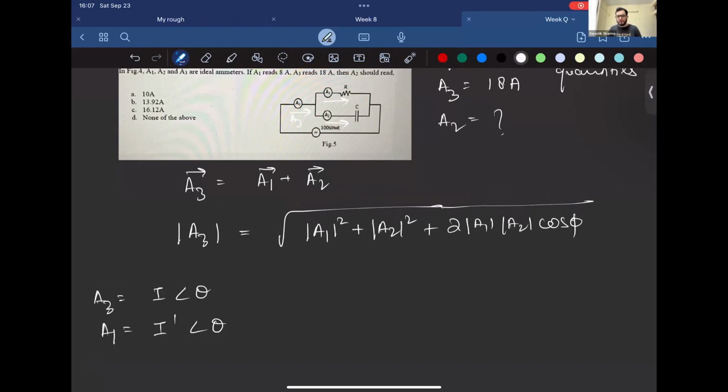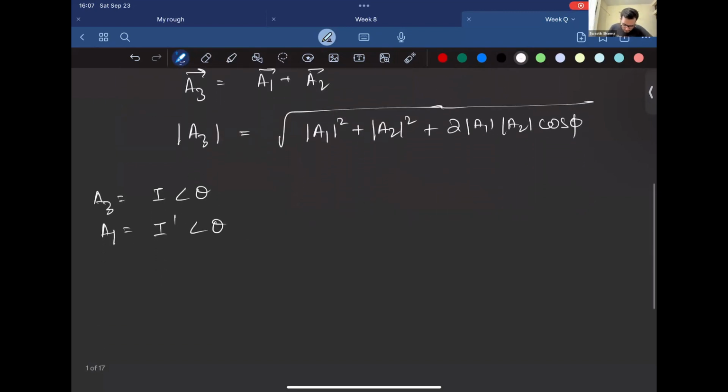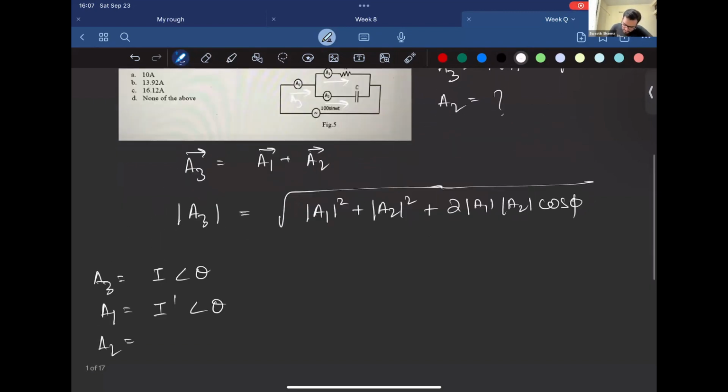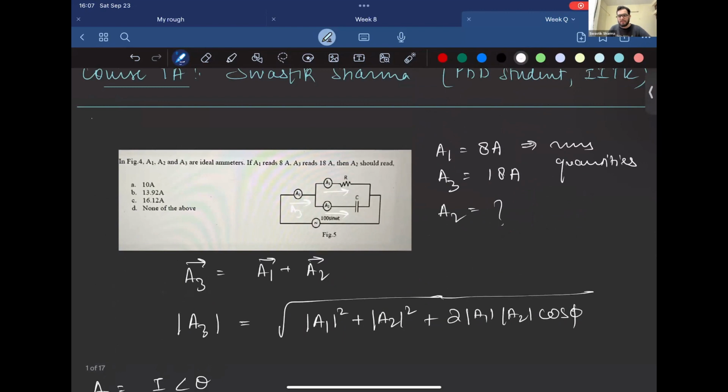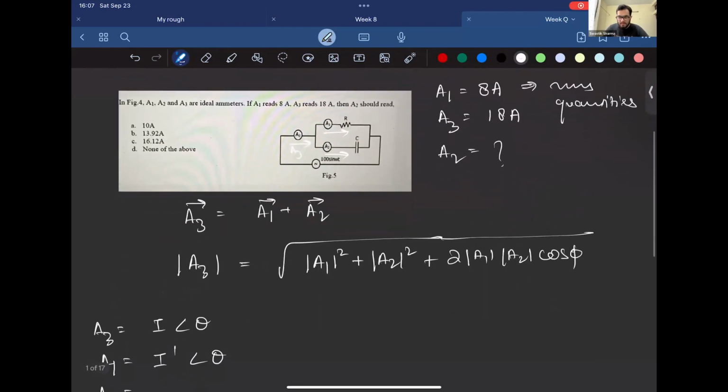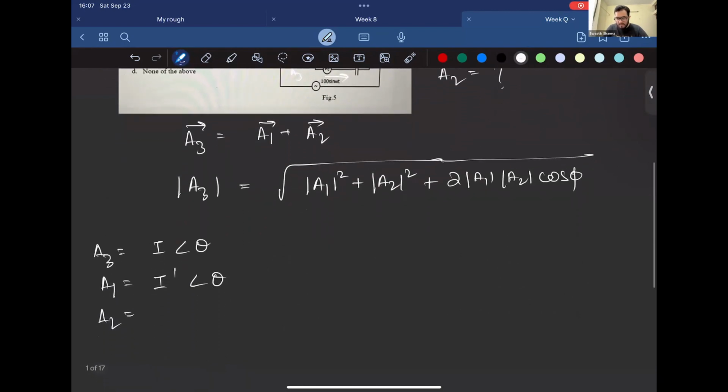But A2 is connected across a capacitor, and we know that a capacitor produces a phase difference and makes the current lead by 90 degrees. So I double dash is going to be theta plus 90 degrees. So what is phi in this case, the angle between A1 and A2? It's going to be 90 degrees, right?